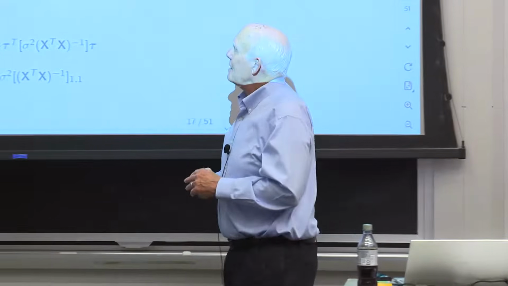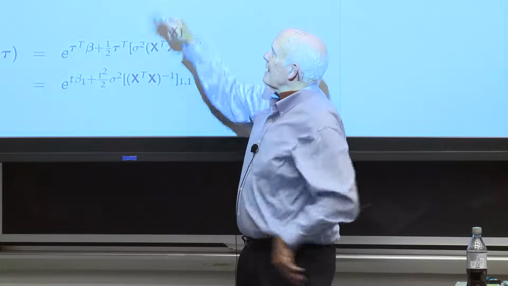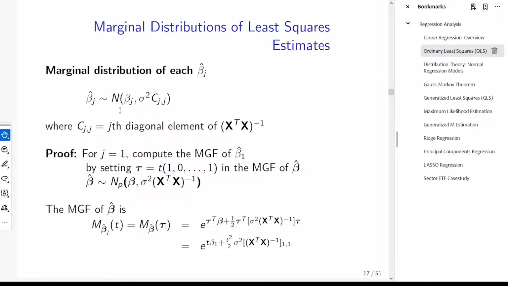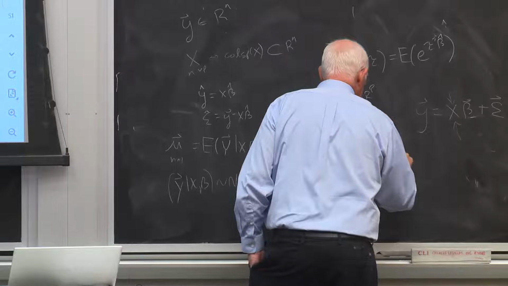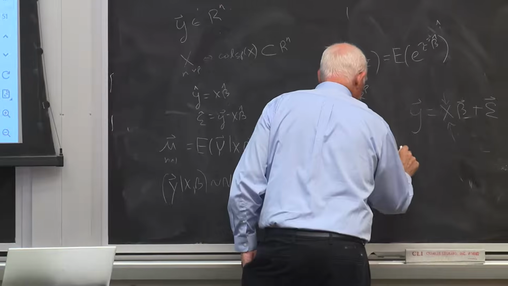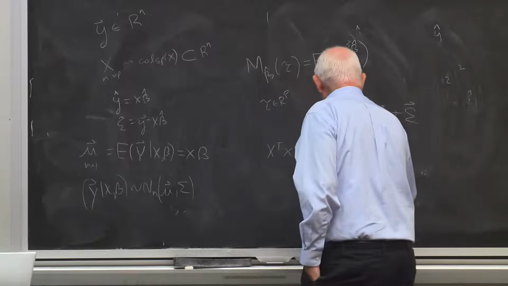And so suppose, for simplicity, that X transpose X is a diagonal matrix, with diagonal entries Cj.